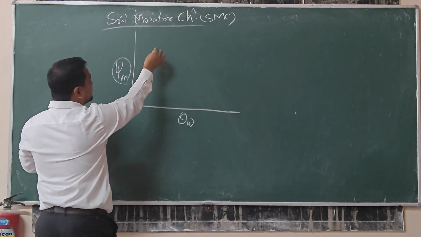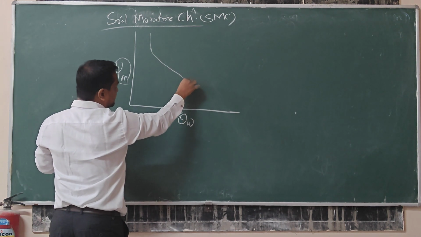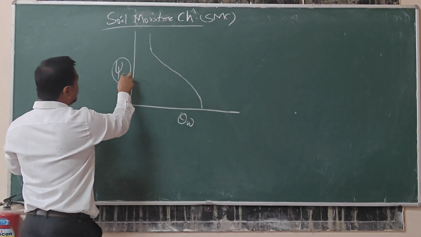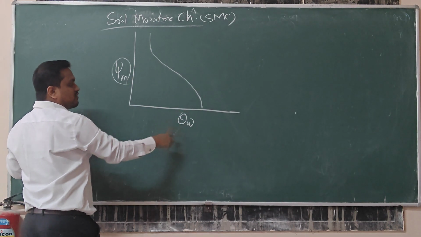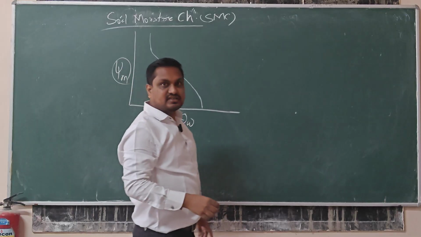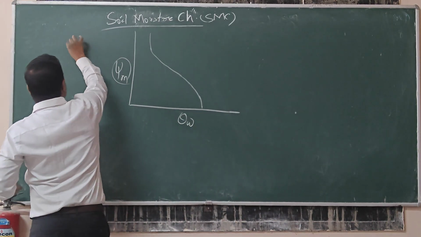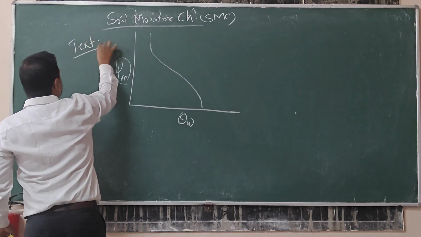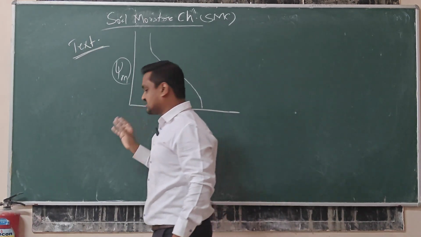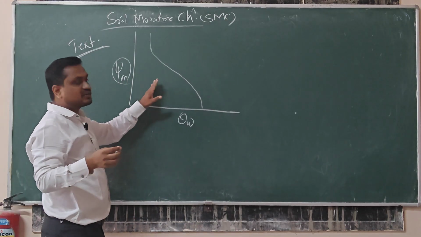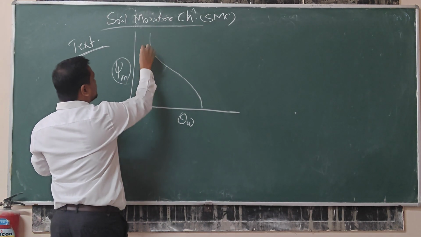Okay, and if we draw the graph, it will come like this. We can see different moisture potential values, and the volumetric water content is different. Here, if you see the effect of texture, we have already discussed in soil physics, the first starting point is always texture.